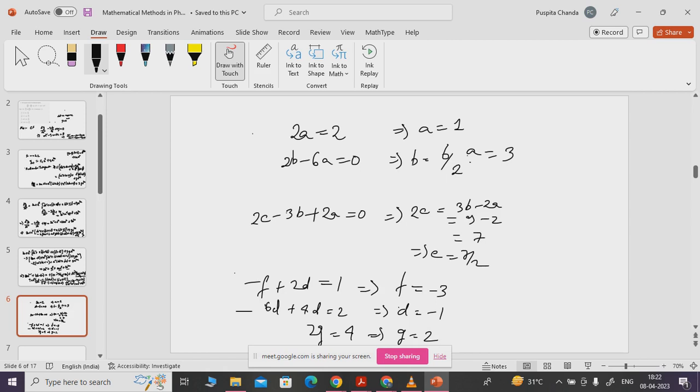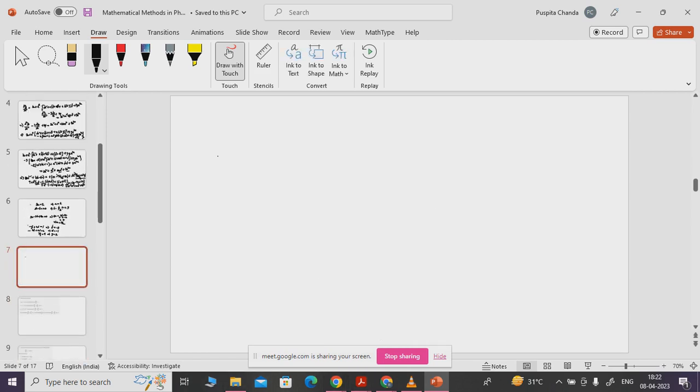So g is equal to 2. So particular integral will be yp is equal to x² + 3x + 7/2 − e^x (x² + 3x + 2) e^(3x).